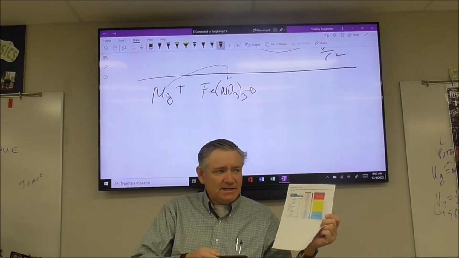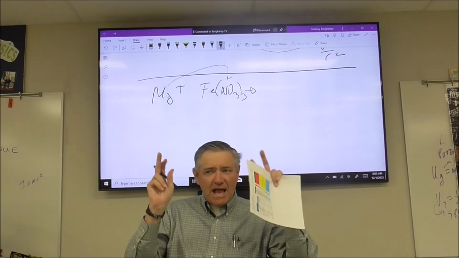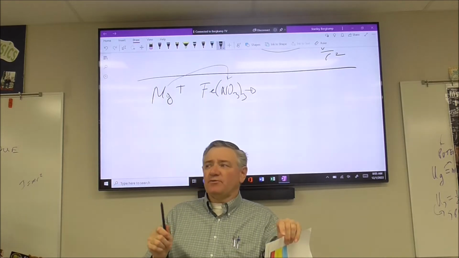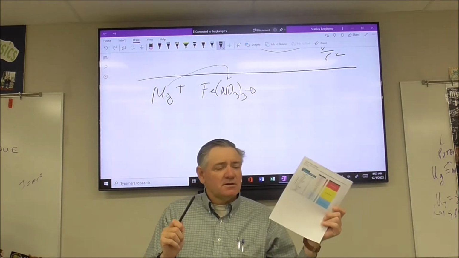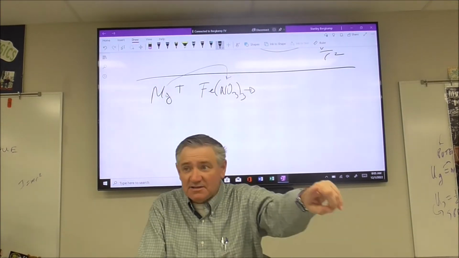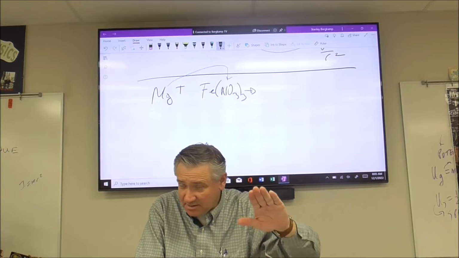That means magnesium is more reactive than iron. And by reactive, that's the magic code for saying iron can take in electrons easier than magnesium can. So that chart you have to be able to use and understand.